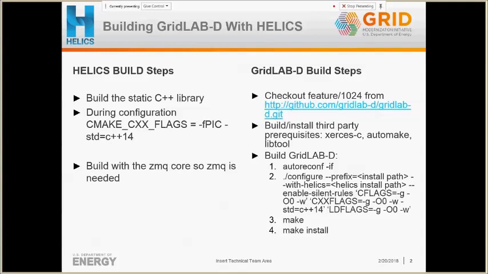That and the --with-helix directive are the only two things that are different about building GridLAB-D with Helix. And of course, there's the make and make install. That's all of the build process there.